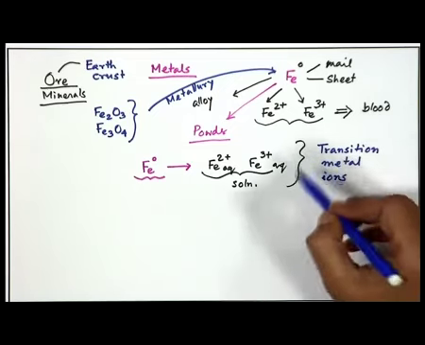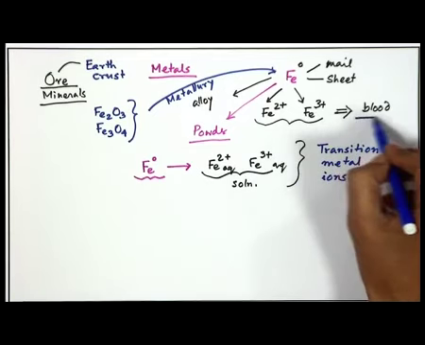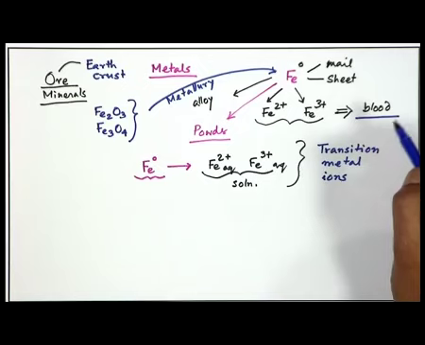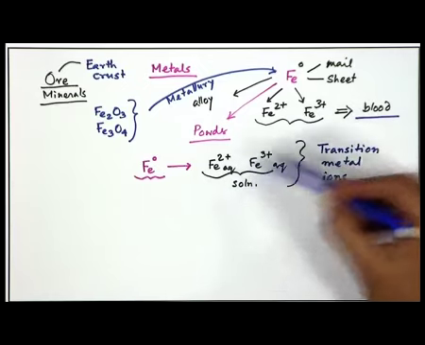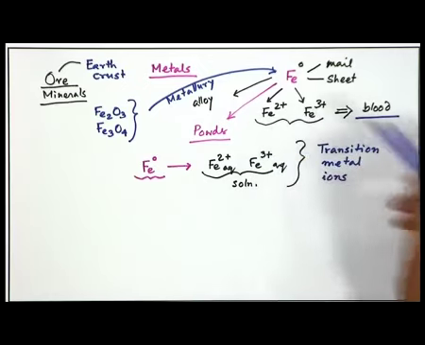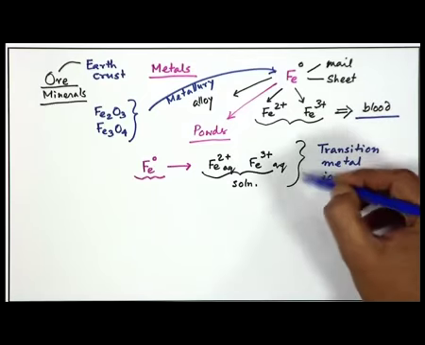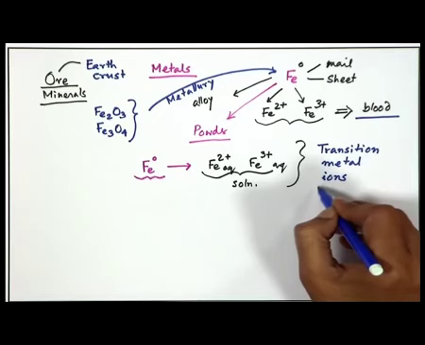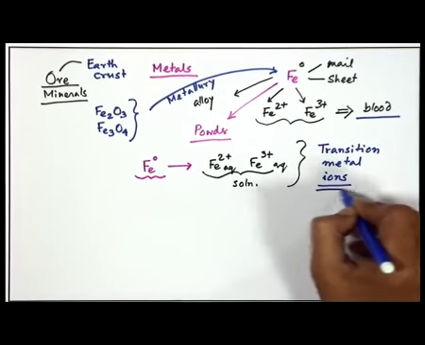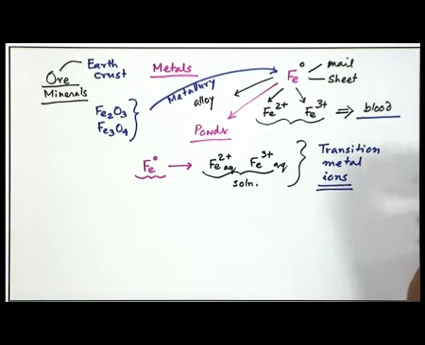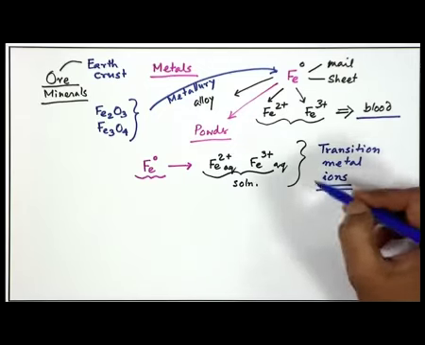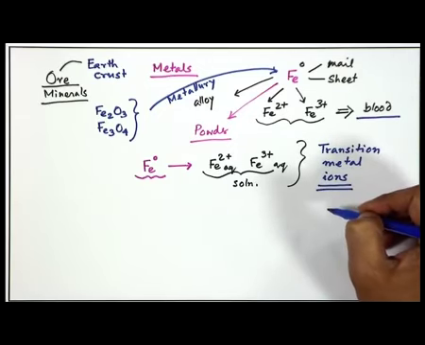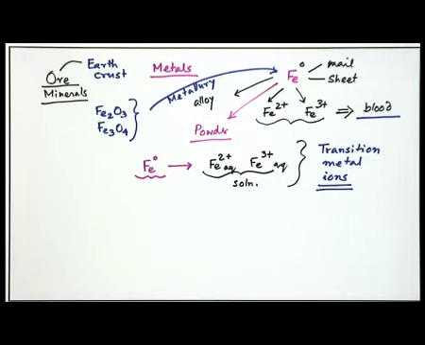If they are present in blood in these two forms, either iron 2 or iron 3, or in any other biological system, we consider those as transition metal ions. So we should always be particular that we have ions here, not the corresponding metals.